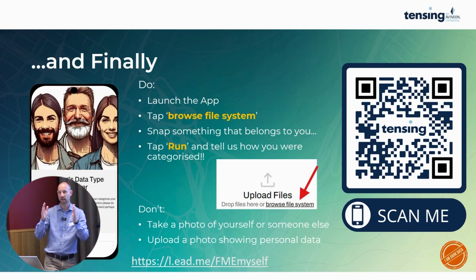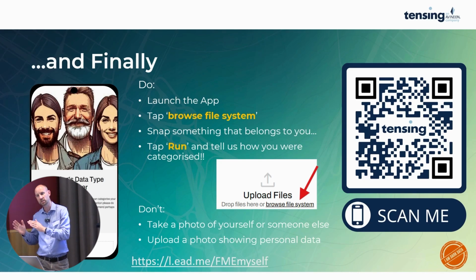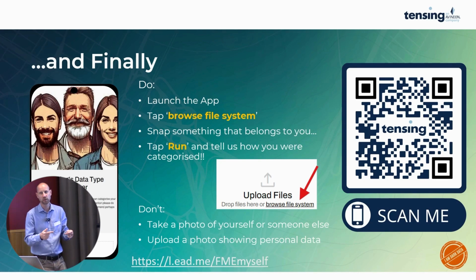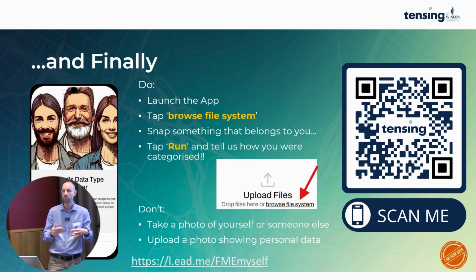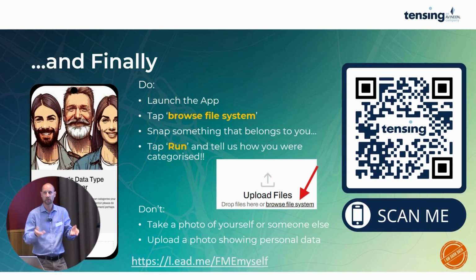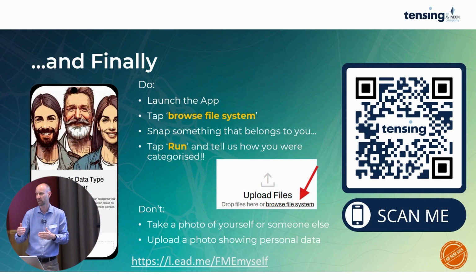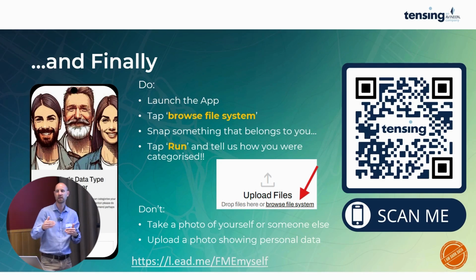And basically you'll take a photograph and it's going to send it to Gemini. And Gemini is going to have a look at it. And in our prompt, we're telling Gemini, go and have a look at the photograph of the thing and assign one of 15 different data types and then come back with a pithy response that describes the thing in the photo in the context of the data type.